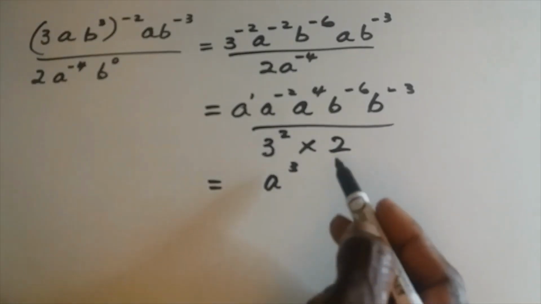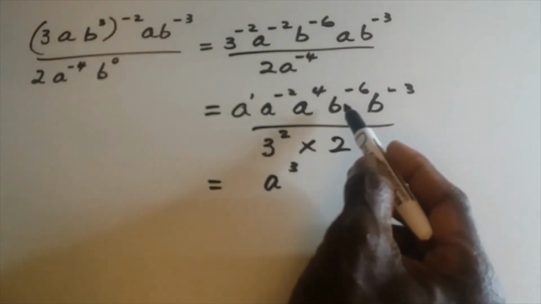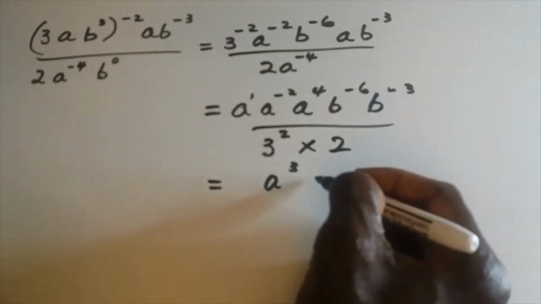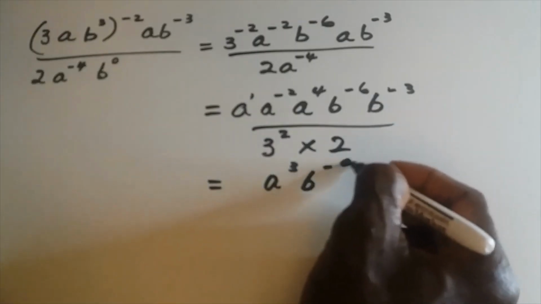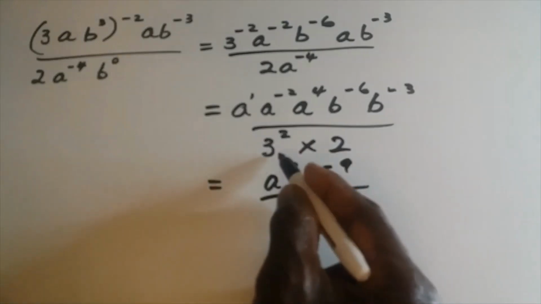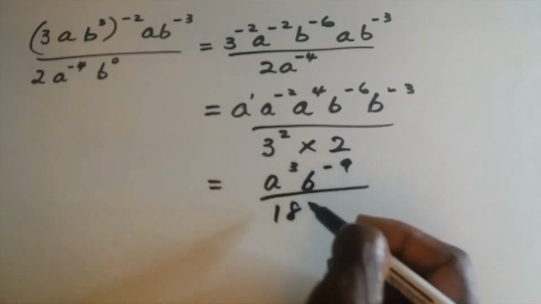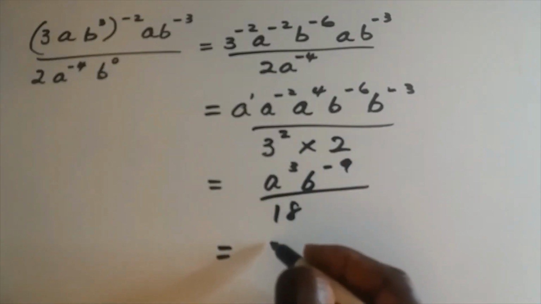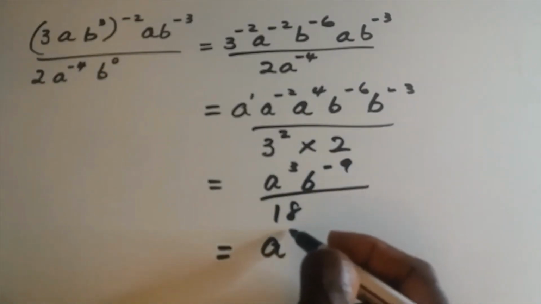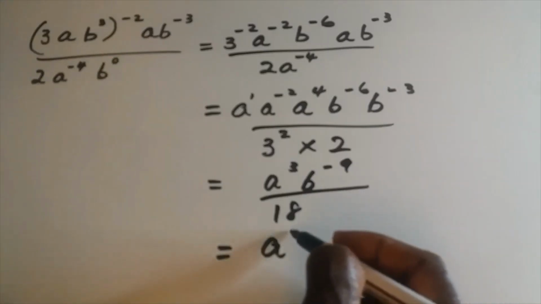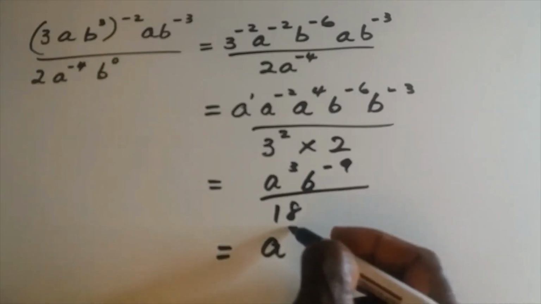We have b to the minus 6 and b to the minus 3. That gives us b to the minus 9. And in the denominator, this becomes 18. And to make sure that we simplify this, we have positive exponents, powers or indices, whichever word you prefer.